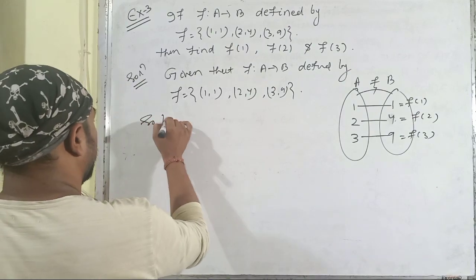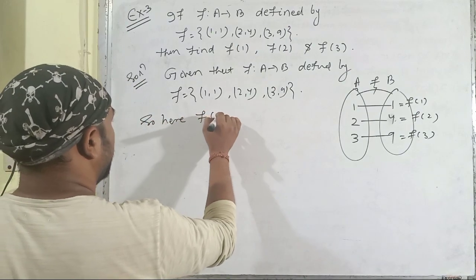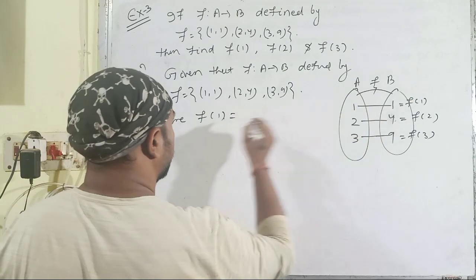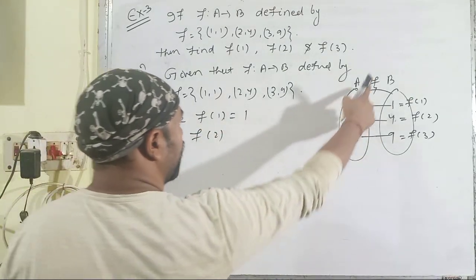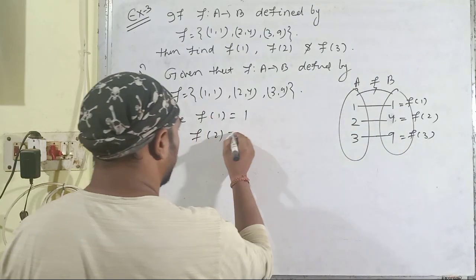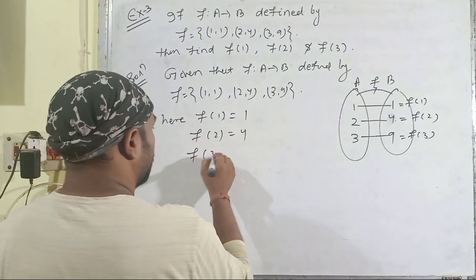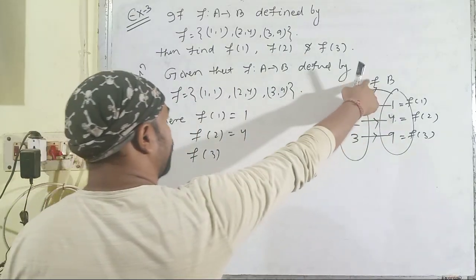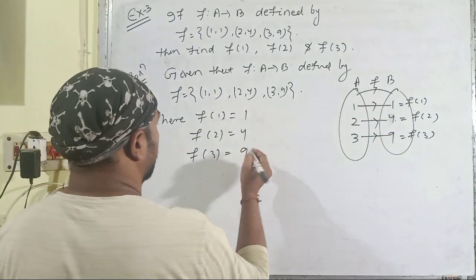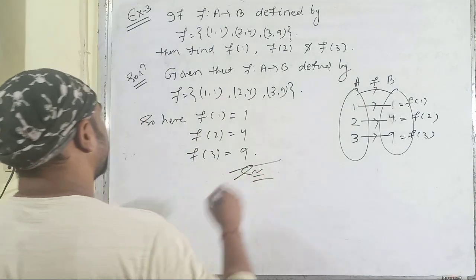So here f of 1, the image of 1, is 1. Then the image of 2 under the function f is 4. Then the image of 3 under the function f is 9, and this is the solution.